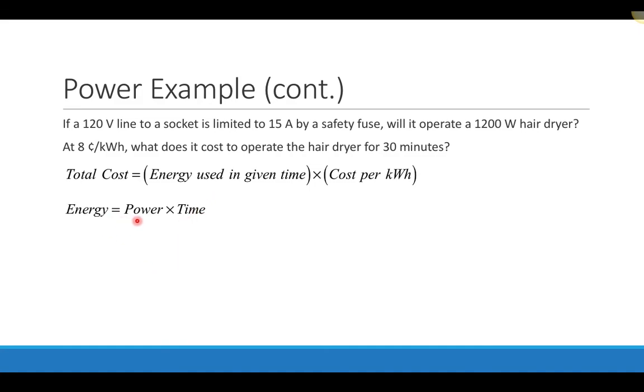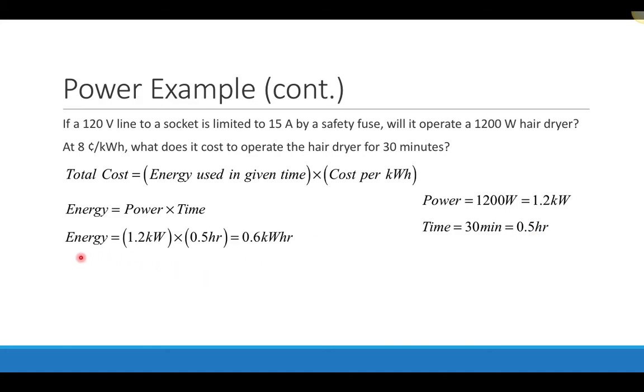I know energy is power times time, and the power rating of my hairdryer is 1,200 watts, which is equivalent to 1.2 kilowatts. And my time is 30 minutes, which is equivalent to half an hour. So that means my energy use is 1.2 kilowatts times 0.5 hours, or 0.6 kilowatt hours.